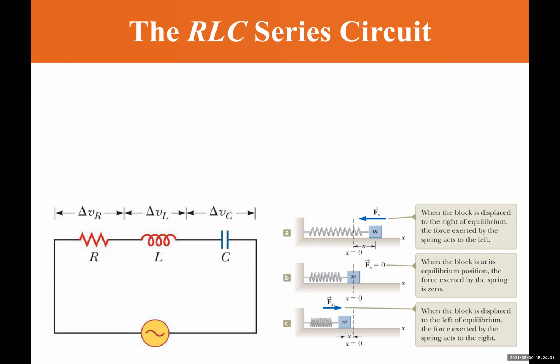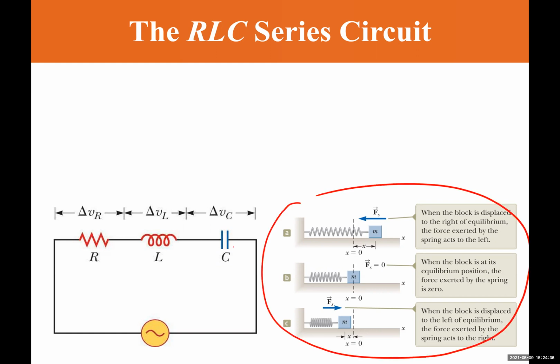Now, on the right side we have a damped mechanical oscillator, where the spring is pulled to the right to some maximum distance from equilibrium, then let go. In the absence of friction, the system will oscillate back and forth between plus and minus A, where A is the amplitude, and energy will go back and forth between kinetic and potential energies.